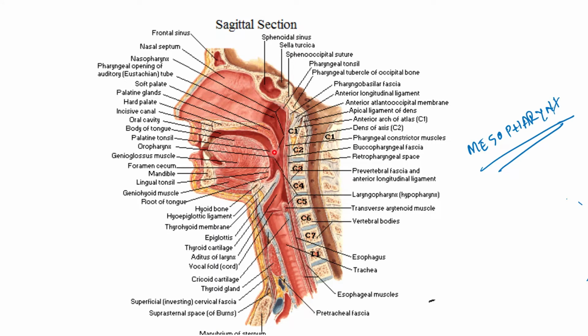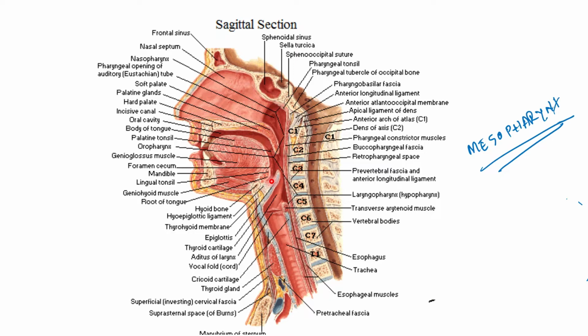So from the soft palate there is a mucosal arch which reaches the tongue, called the palatoglossal arch. So on either side, the lateral wall of this isthmus is formed by the palatoglossal arch.